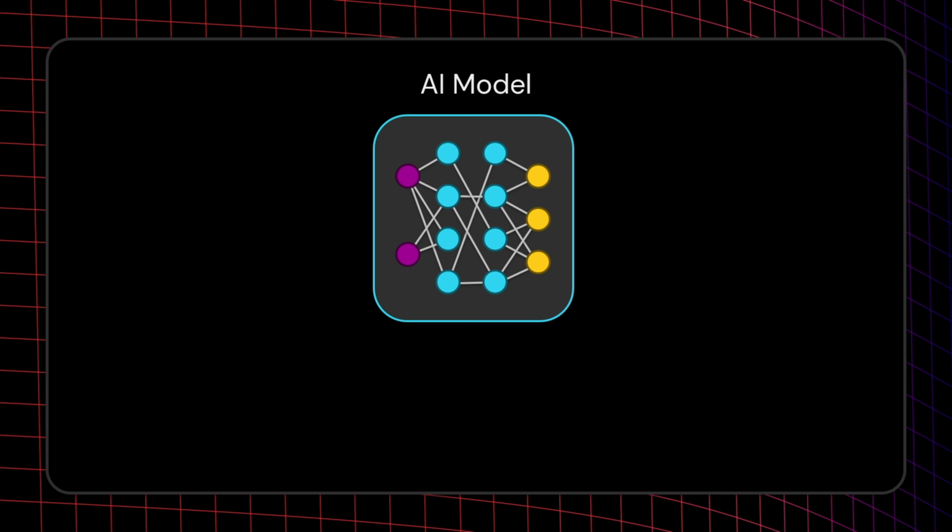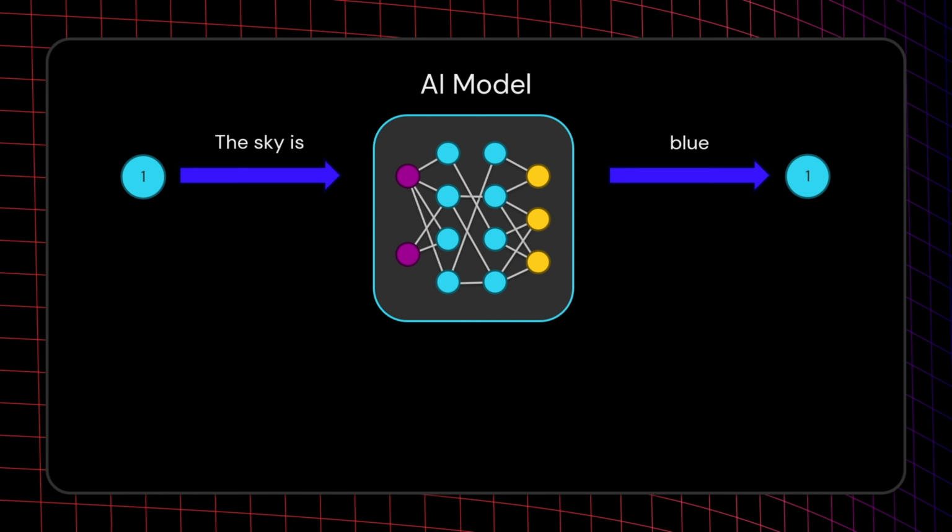If you remember, I gave the example that the AI model is basically the brain of the AI agent. When we give it a set of inputs, for example, "the sky is", it calculates the next most likely token to fill in this sentence. So it calculates that "blue" is the most likely.